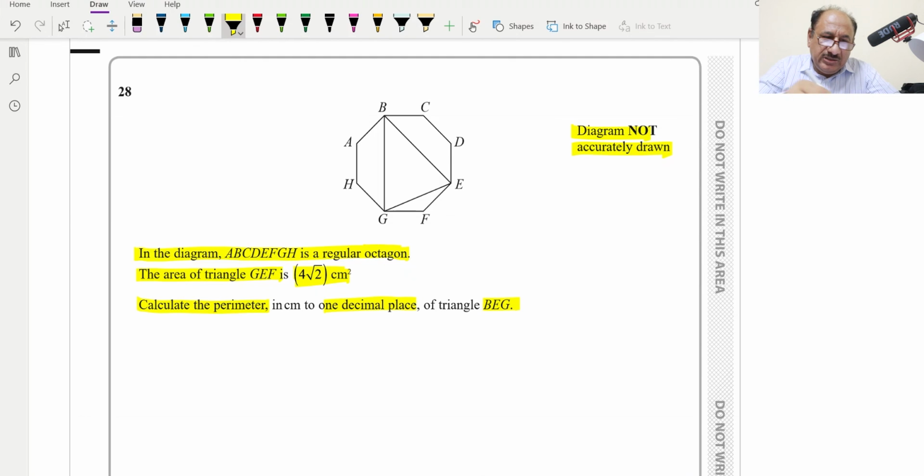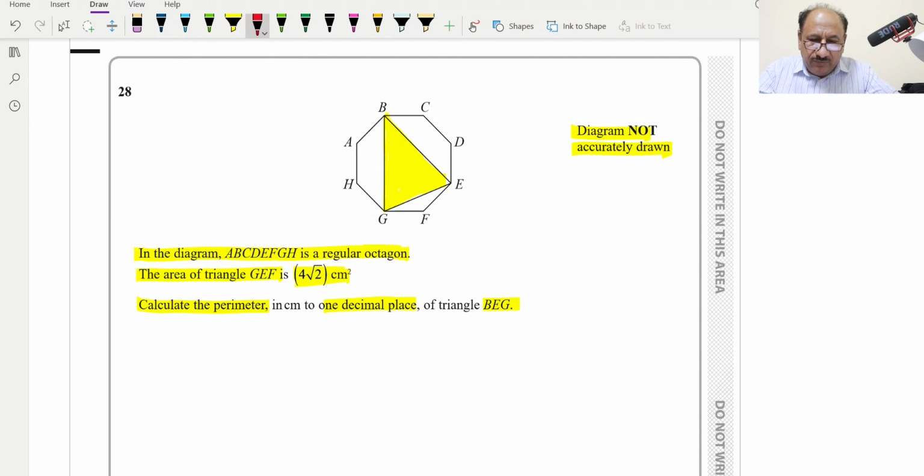Now BEG we need to identify first. So BEG is basically this triangle, and we have to find the perimeter of this triangle. It means we need all three sides, and to find all three sides we will utilize the given information.